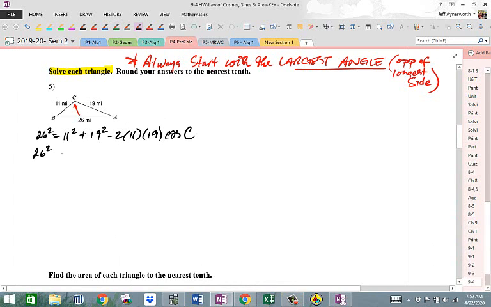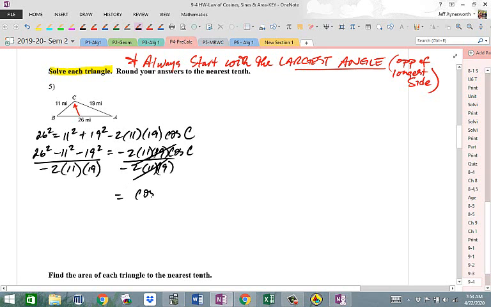I'm going to subtract the 11 squared, subtract the 19 squared, and that's going to give me negative 2 times 11 times 19. I like doing all the algebra first, then I plug it in the calculator. Then I divide both sides by this number, whatever it may be, and it's going to give me the cosine of angle C.